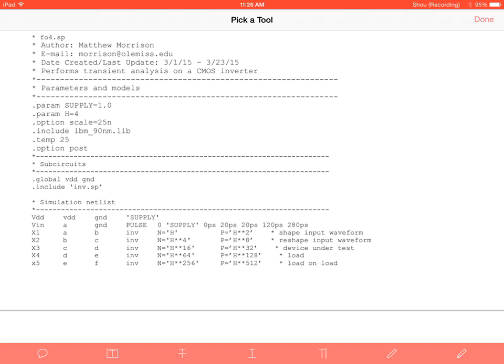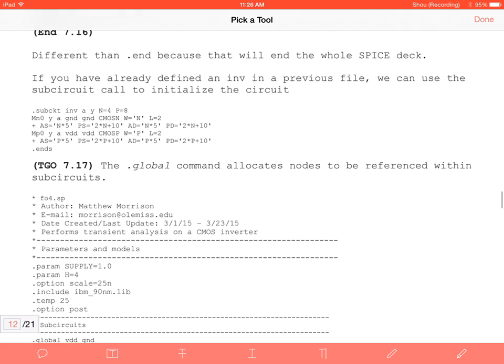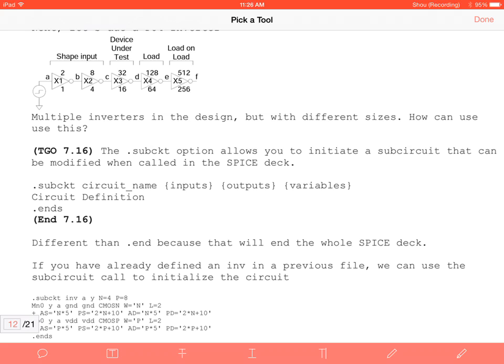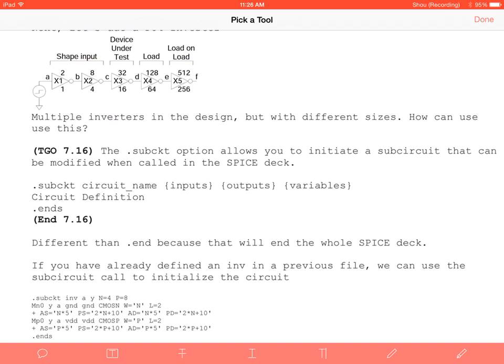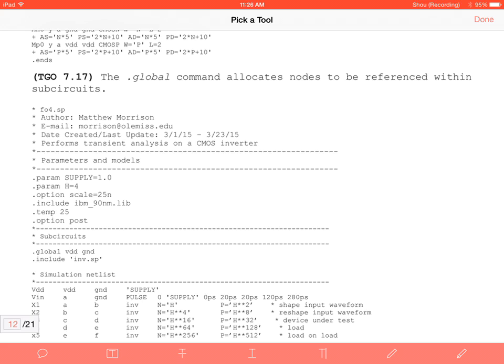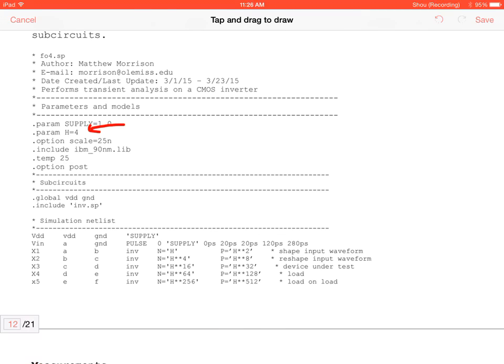One thing I should say: when you did your calculations in class, those are the numbers you're going to come up with, but then you'd have to multiply everything by 4 to make it work. So you can just define this parameter h equals 4, and multiply it by the values you came up with in class, and you don't need any additional multiplication.